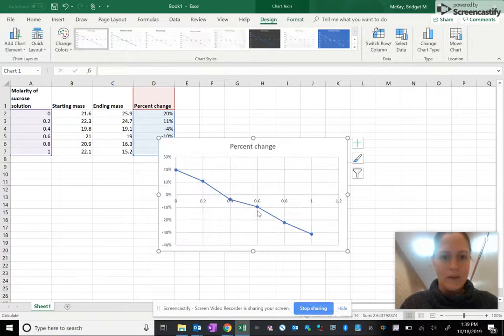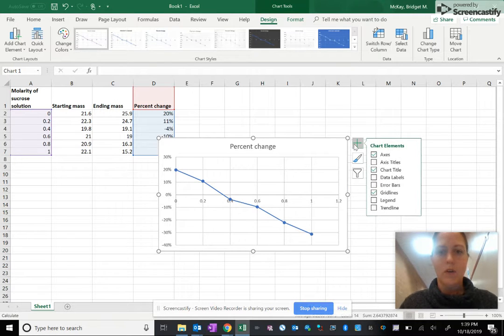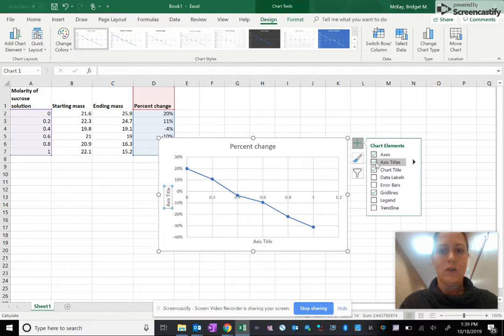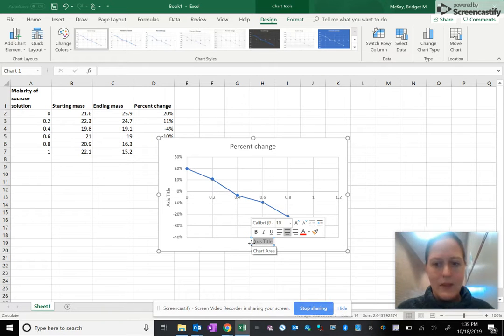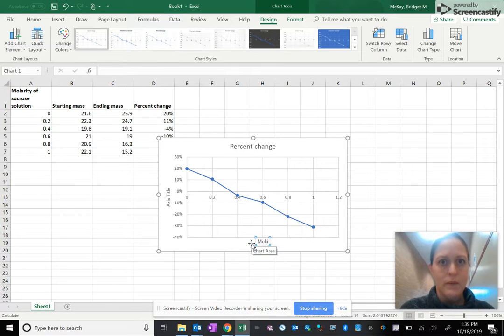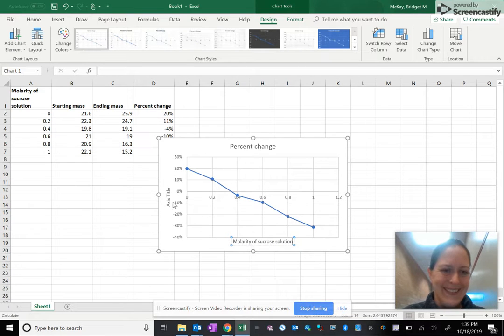Okay, so on my x-axis is the molarity of my sucrose solution. So I'm going to add my axes titles just to keep track of that. Okay, and I'm going to rename this molarity of sucrose solution. And then on my y-axis, that is my percent change.